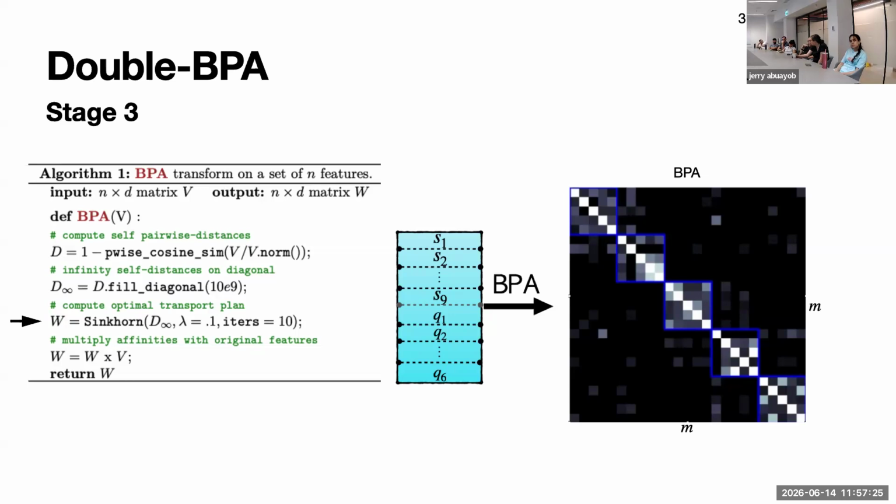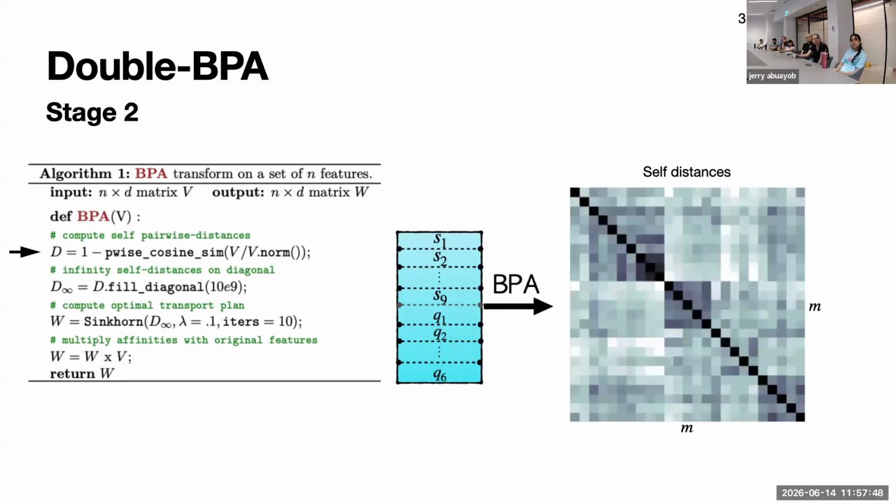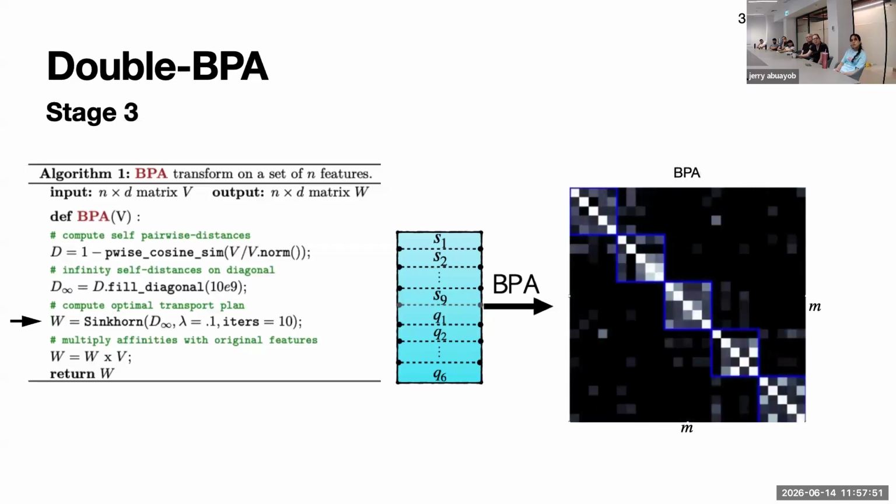But since we added big numbers on the diagonal, we force the features to transport their flow onto the other features. Otherwise I would just transport all of my costs to myself. The algorithm to solve optimal transport is called Sinkhorn. It's a very nice paper, and it converges within a small number of iterations.